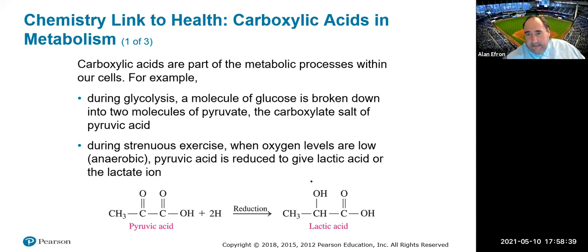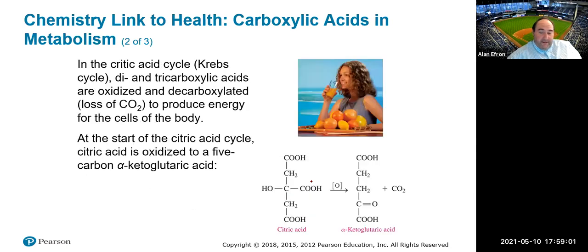They are obviously, as you can see here, part of the metabolic process within our cells during glucose breakdown. The molecule of glucose is broken down into pyruvate, a carboxylic acid salt, and pyruvic acid, as you can see here. If you take some biochemistry, you'll learn about the Krebs cycle and all that kind of stuff.